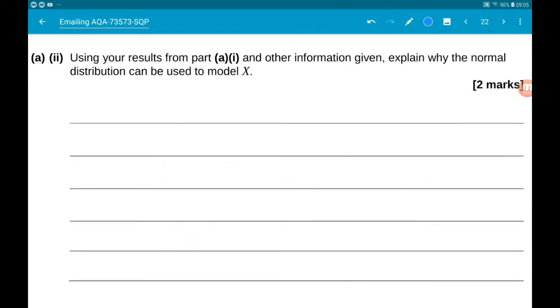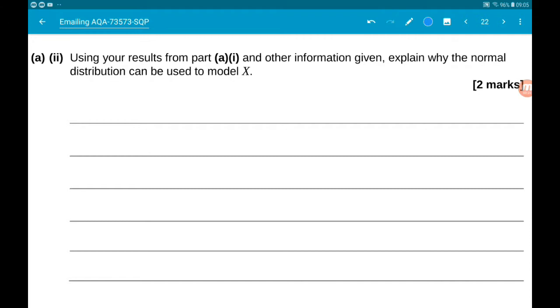Okay, A part 2 says, using your results from A1 and other information given, explain why the normal distribution can be used to model X. Okay, so first of all, to use the normal distribution, data must be continuous.